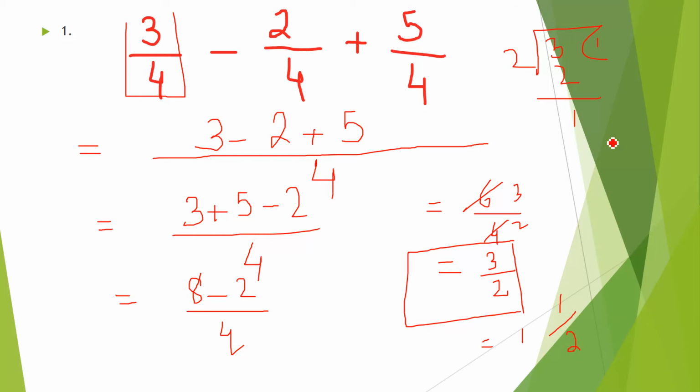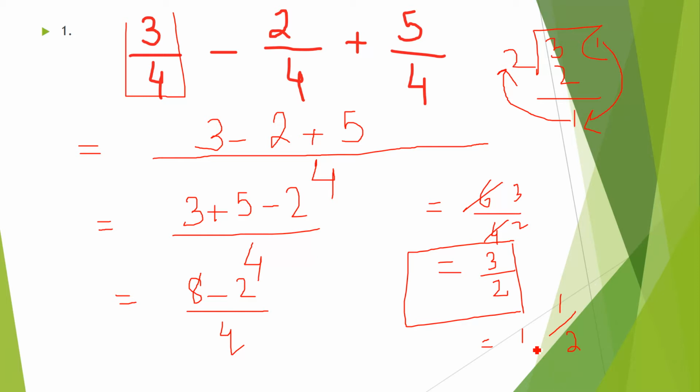Always keep in mind, you have to start from here. 1 whole number, this is the quotient, is the whole number. Then come to the remainder. Remainder will be numerator, and the divisor will be the denominator. You have to write down like this: 1 whole number 1 over 2. Do not write down 2 whole number 1 over 1. 1 whole number 1 over 2.